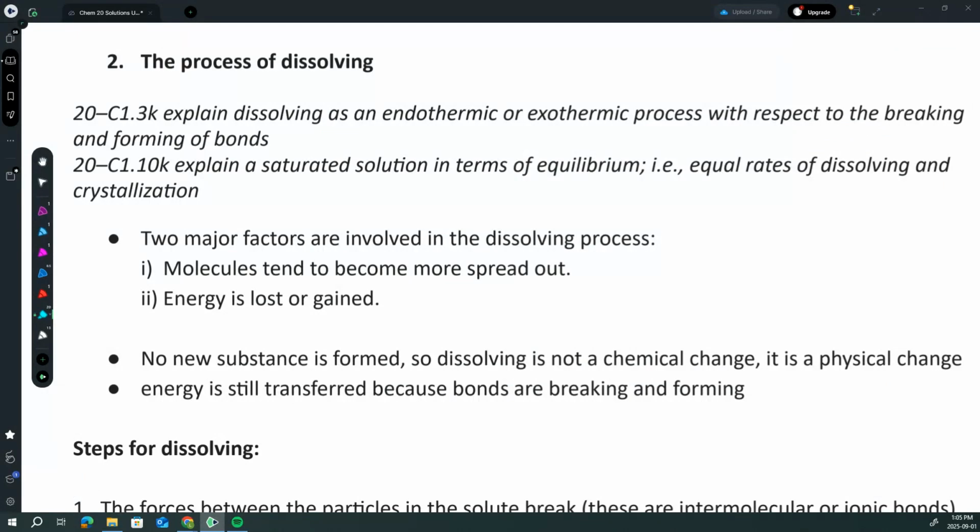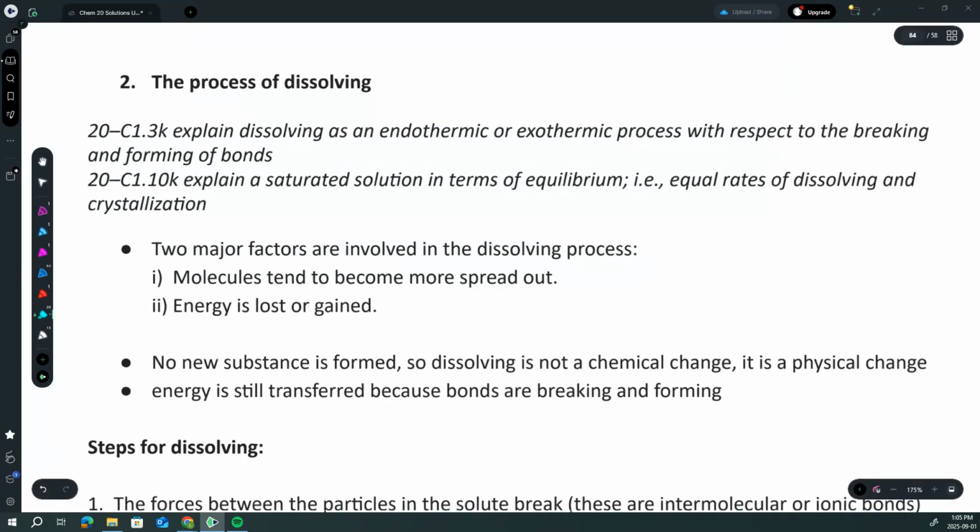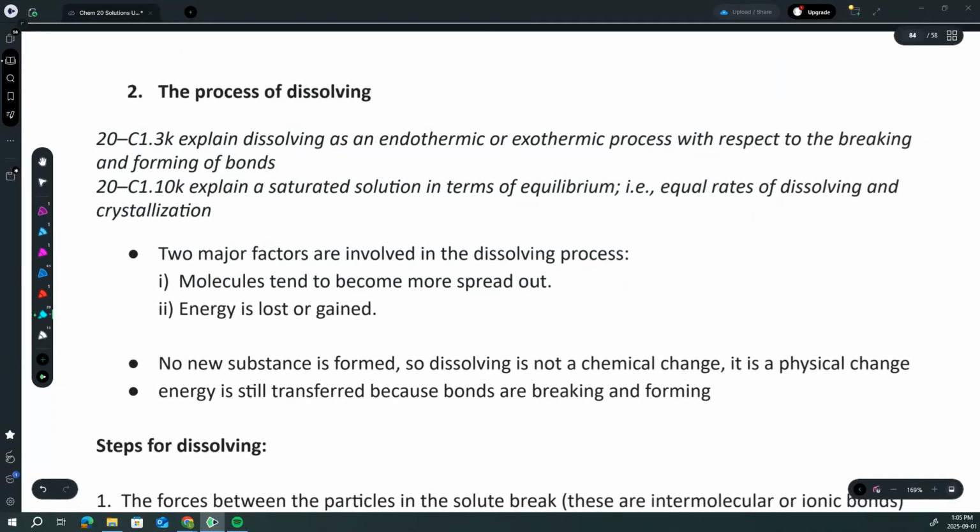Now, when a substance is being dissolved, no new substance is being formed. So dissolving is not a chemical change, it's a physical change. All it's doing is taking your substance and doing a phase change from one phase to a different phase.